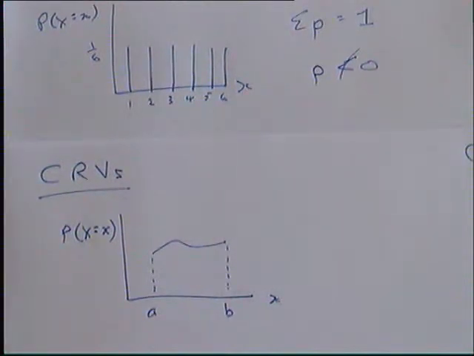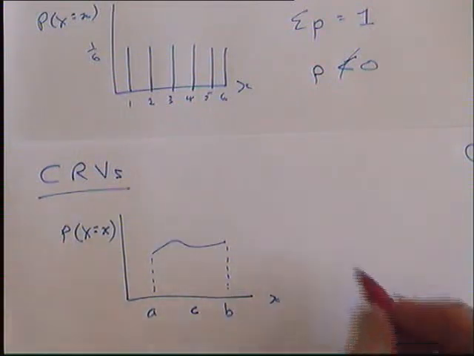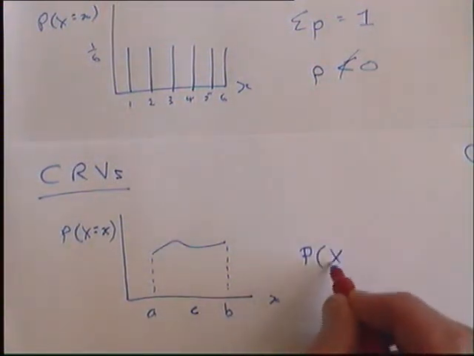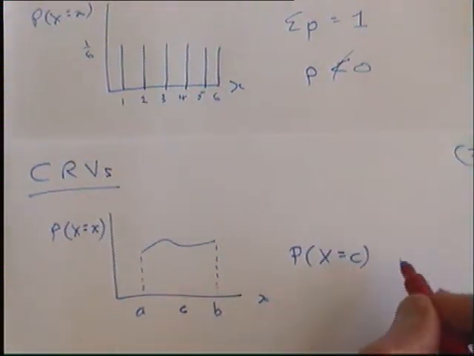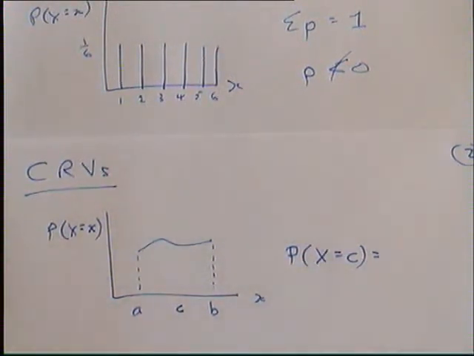So you'll get something like this now for continuous random variables. If there happened to be a value between A and B, which I'm going to call C, what would be the probability that X equals C? And from the information you have got, you should be able to give me the answer as a number.